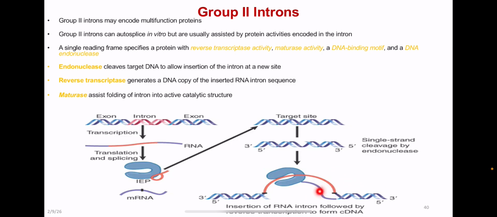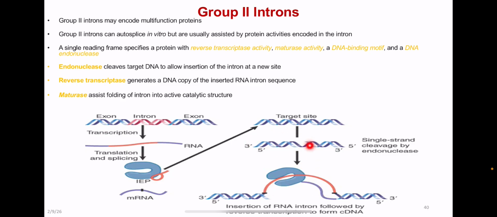Then it will insert the intron. We know the intron is from an RNA, so it is an RNA. It will insert the RNA and use the reverse transcriptase to generate a DNA copy of the RNA.